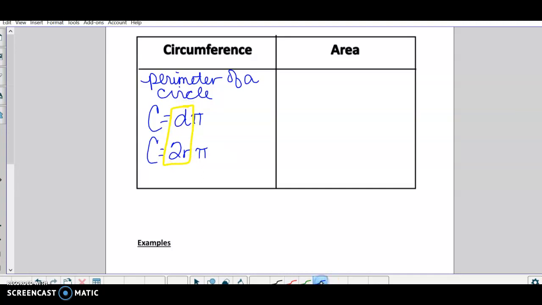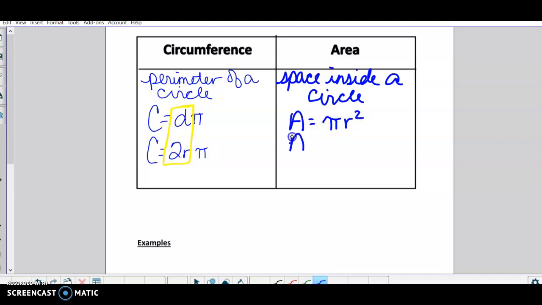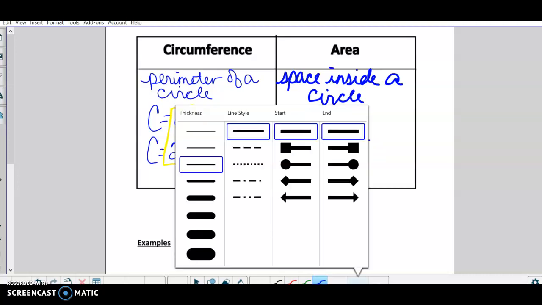When we talk about area, area is the space inside a circle. And the formula for that is A equals pi times r squared, or if you wanted to expand r squared, A equals pi times r times r.